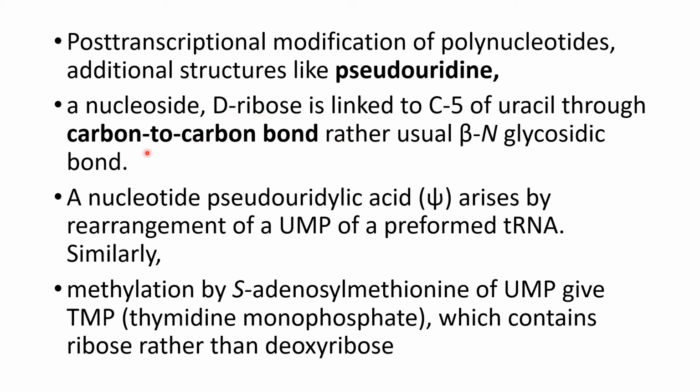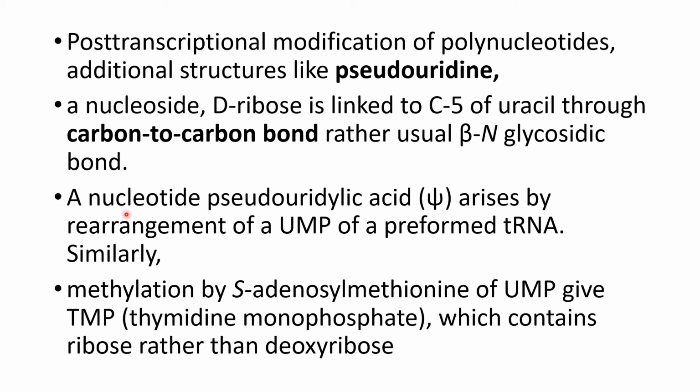Here there is a carbon to carbon bond instead of the beta-N-glycosidic bond, as the sugar is normally attached to the nitrogen of the nitrogenous base, but in pseudouridine there is a carbon to carbon linkage instead of the beta-N-glycosidic linkage.